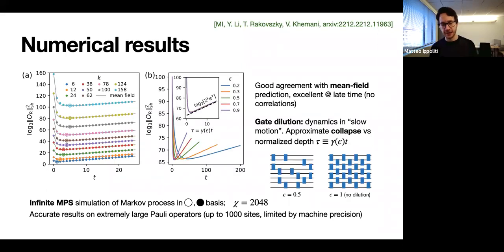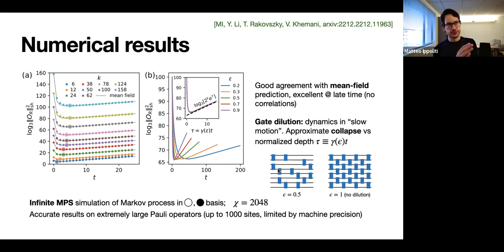And we do that by employing a trick that we call gate dilution, which simply means that in your ensemble of random circuits, in addition to picking a random measure over hard random gates, you can also pick randomly whether a gate does or doesn't happen, right? So you can set this value epsilon to be 1, then always do a hard random gate. If it's less than 1, then skip it with that probability. So for example, for 0.5, you'll get a more sparse sequence of gates.